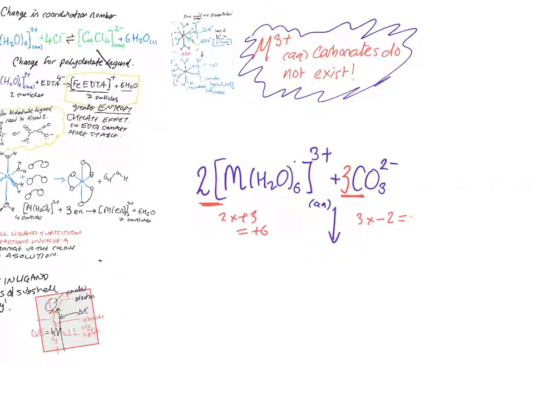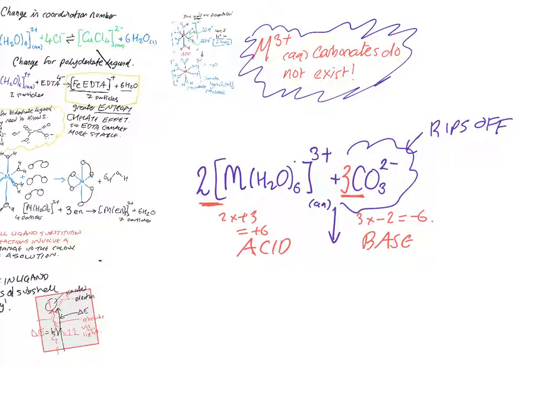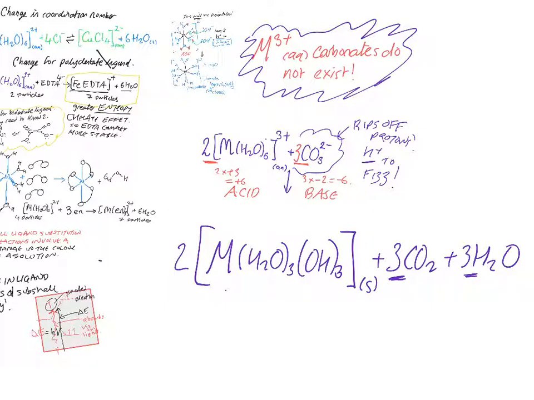When you come to balance this equation, 3 carbonates will react with 2 hexaaqua ions. If you look at the charges, 2 times +3 is +6. The carbonate rips off protons from the hexaaqua species. When it rips off protons, it will fizz because carbon dioxide and water are produced.